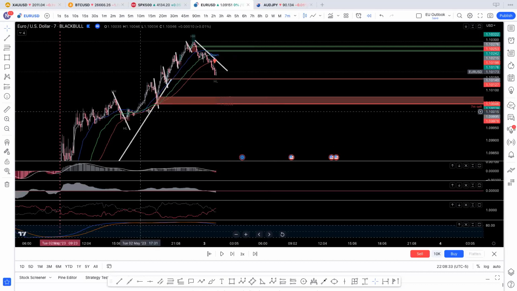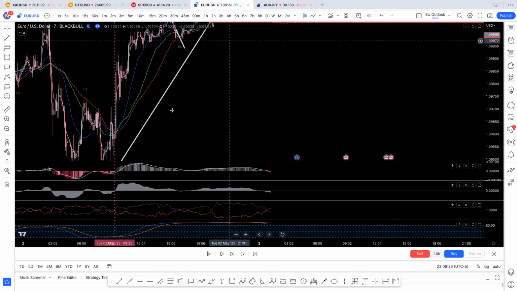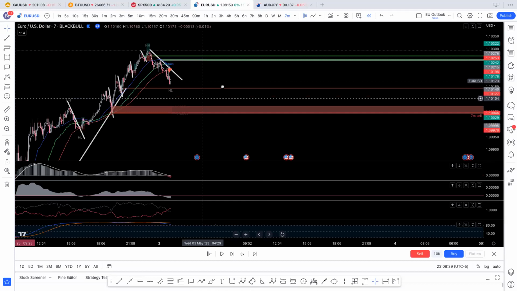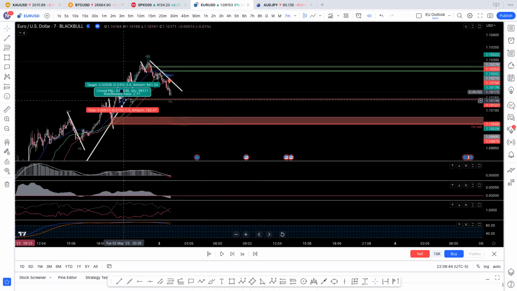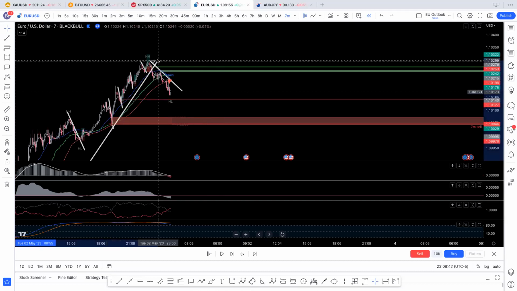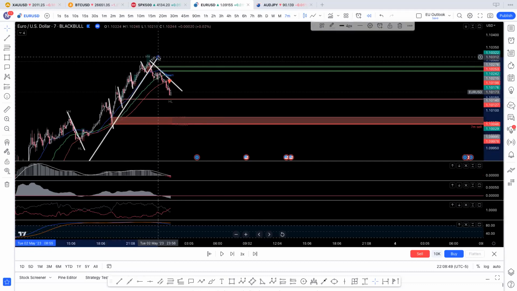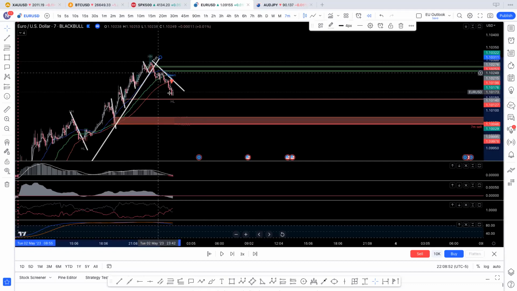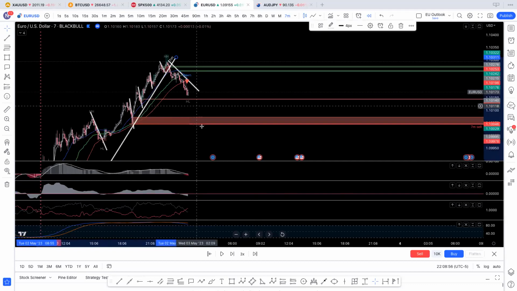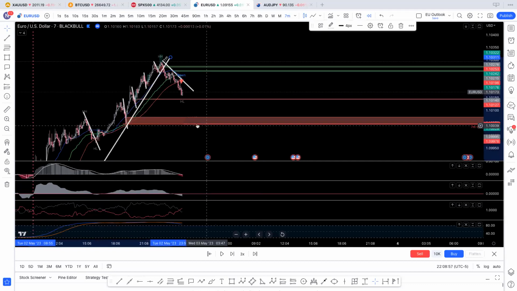Blue and red cross right there. Okay, going to adjust that there. So it looks like a correction. However, if it breaks this level right here, I'll be looking for the sell.